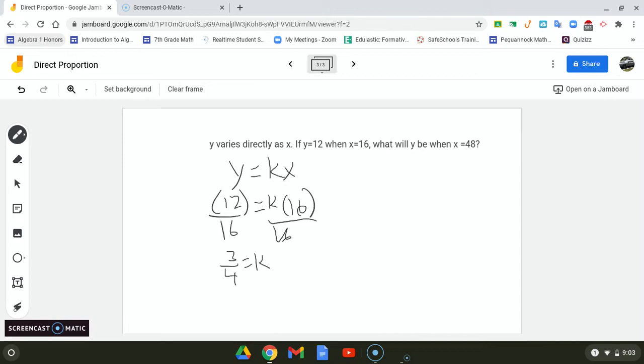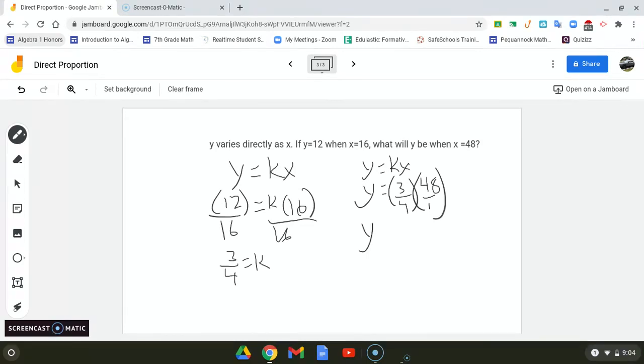Okay, so now we found our constant of proportionality, which is something that you want to do in these problems. You want to find out what k is. It's just going to make the rest of the problem a lot easier to work with. So now we have y is equal to kx. And then we know y is the thing we're looking for, and that's going to be equal to k, which is 3/4, times x, which is 48, 48 over 1.